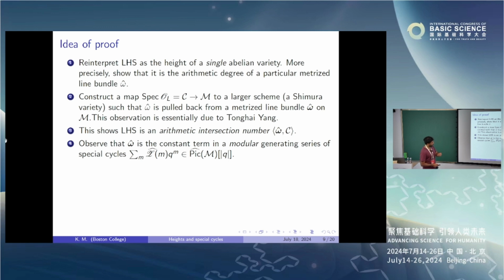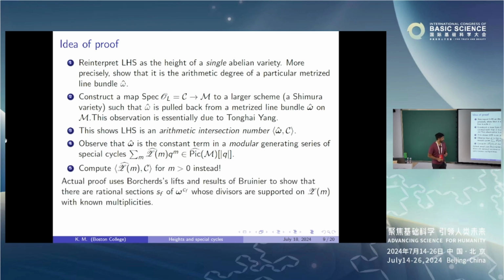A simple way to think about this is that if you have a usual modular form, and you know all of its coefficients except the constant term, then you know the constant term. So what we try to do is compute all these other guys instead.